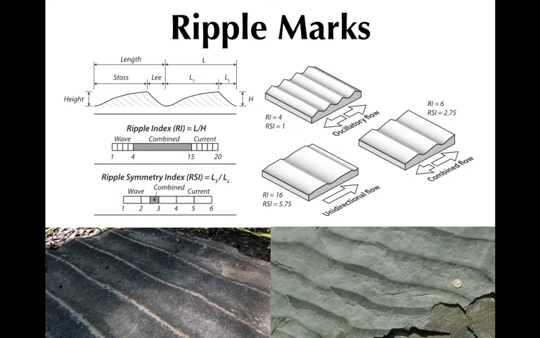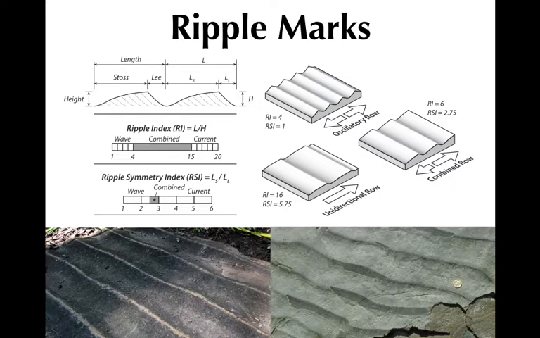Okay. Ripple marks are features that you can find on the surface of a bed that preserves the form of the original ripples. And they're pretty common in a lot of different environments. And there are generally two different types of ripples that can form under two different types of currents.